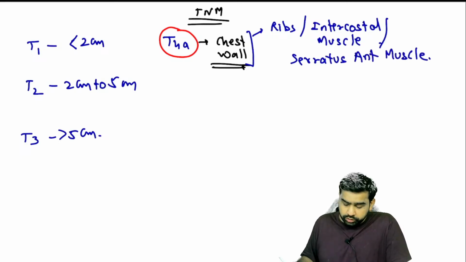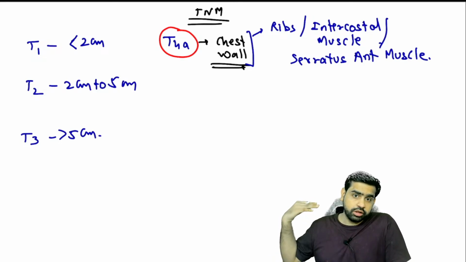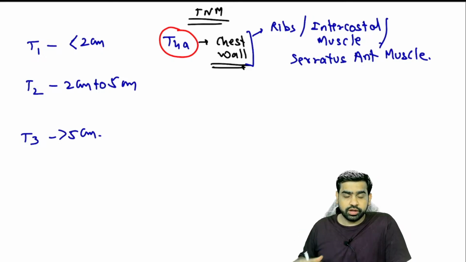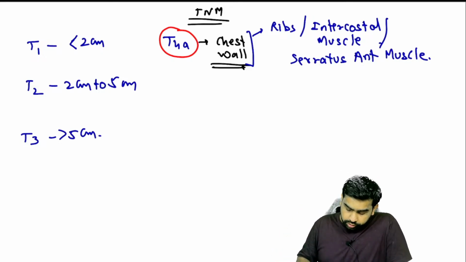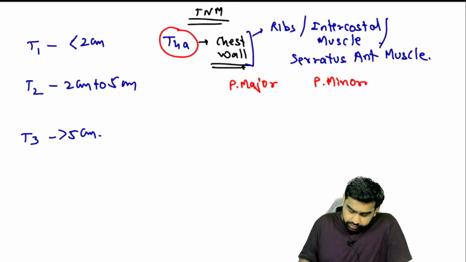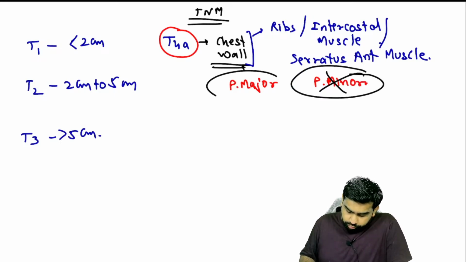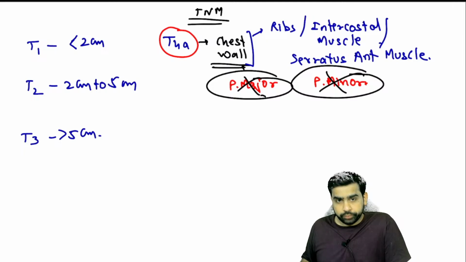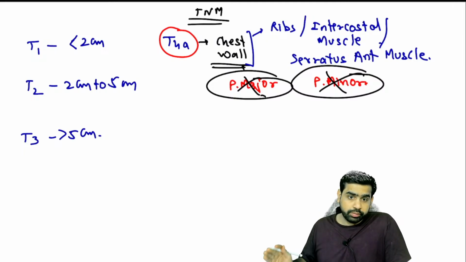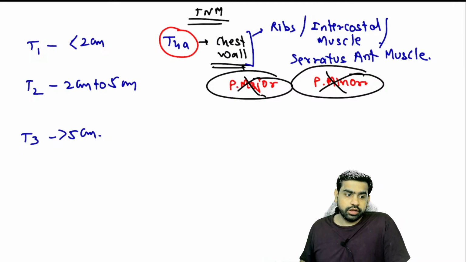Okay, so ribs, intercostal muscles, serratus anterior muscle, this is what you need to understand is the involvement of the chest wall. Okay, what is not included? Pectoralis major and pectoralis minor are not included as involvement of the chest wall. Please remember this point, very, very important.